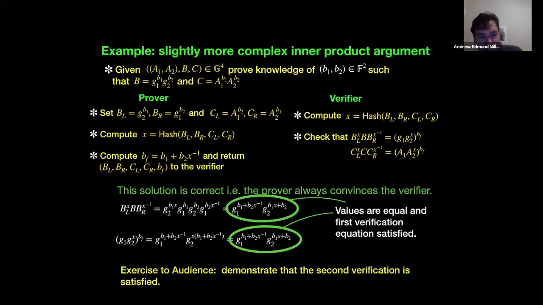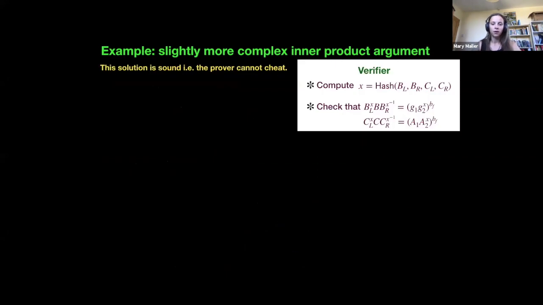Okay, I'm going to move on to the next slide. So the next thing we would need to worry about is that the argument is sound, that a dishonest prover is not able to convince a verifier if the statement they're providing isn't true.